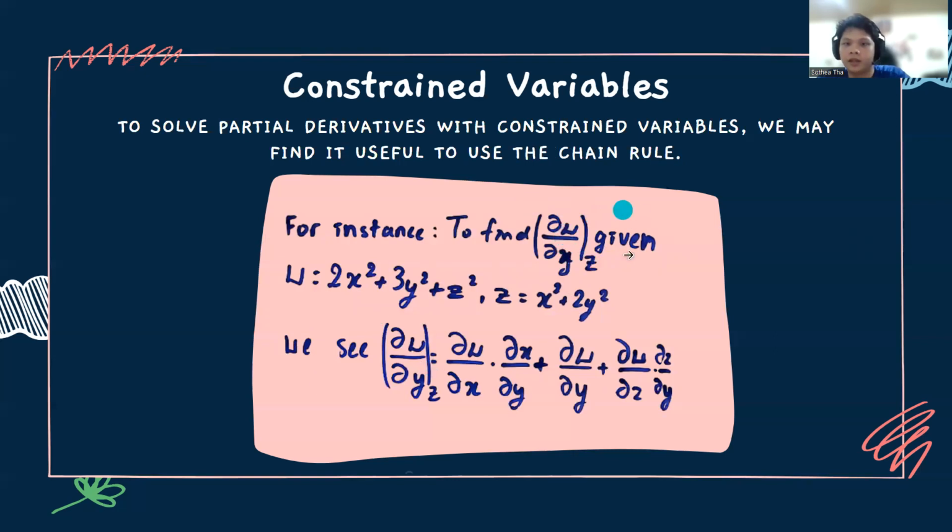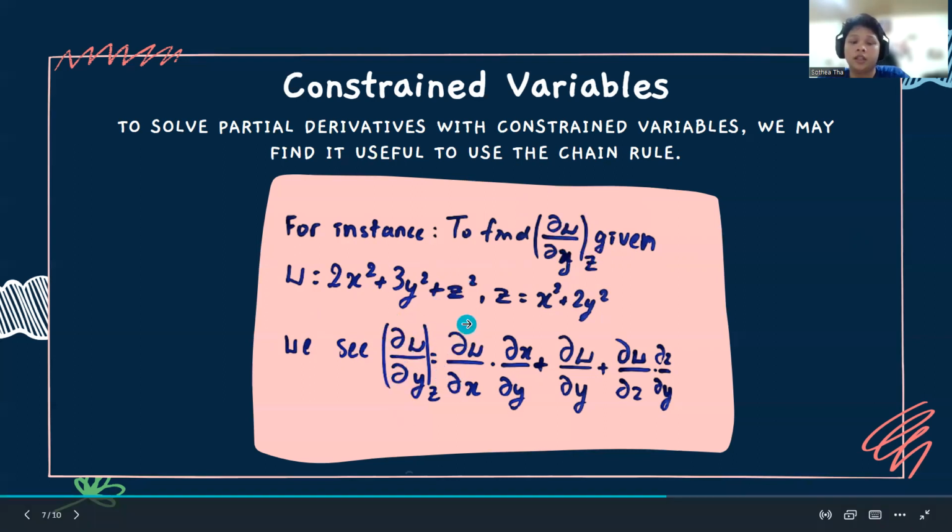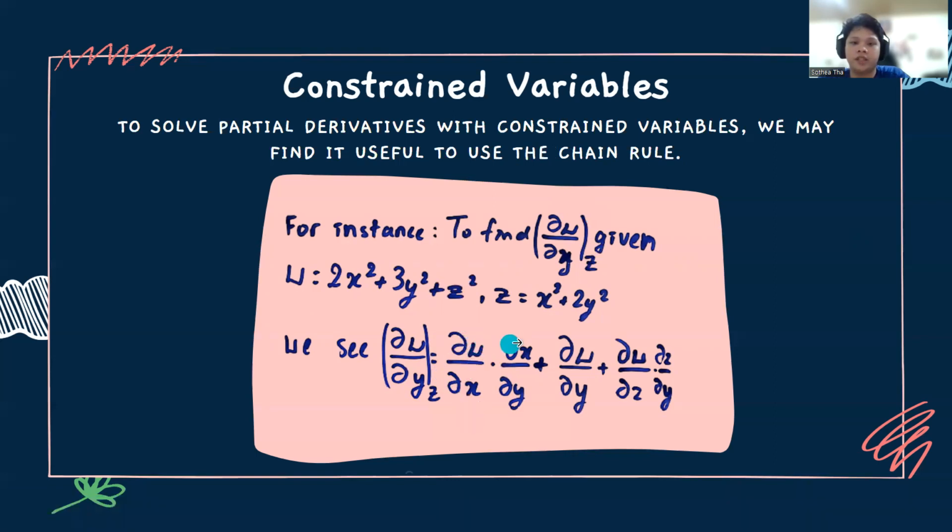So we can break this down by using the chain rule, and dw over dy, keeping z a constant, will equal dw over dx times dx over dy plus dw over dz times dz over dy.